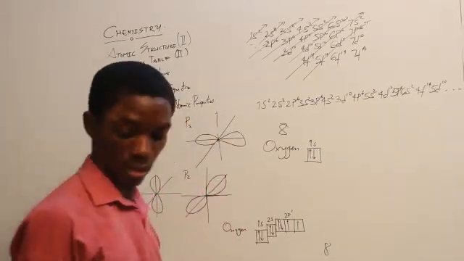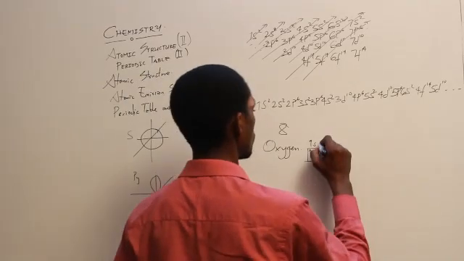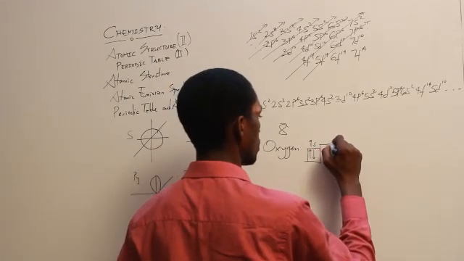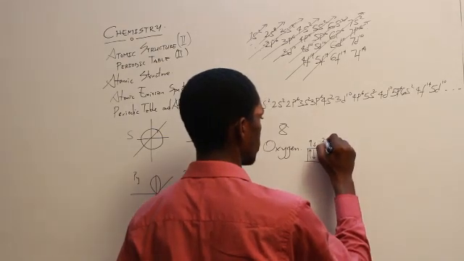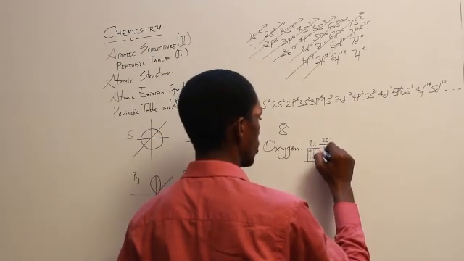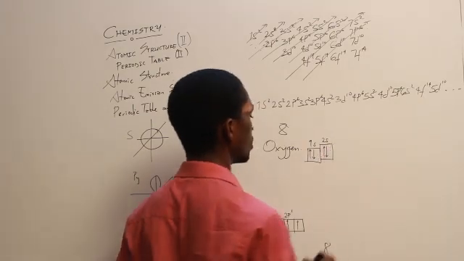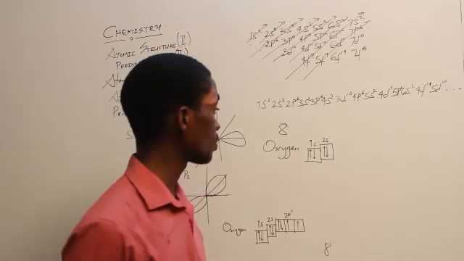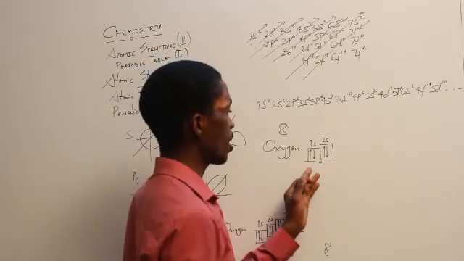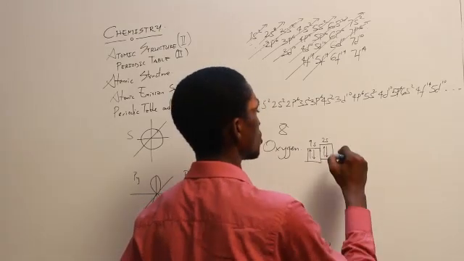Our 1s orbital is completely filled up. Then we can go to our 2s orbital. That one is also completely filled up. So we have spent 1, 2, 3, 4 so far. We have 4 more electrons to go.